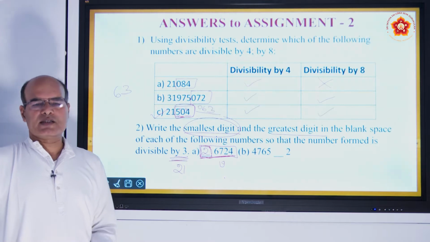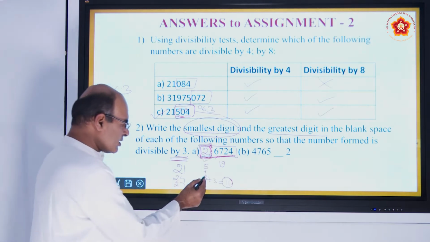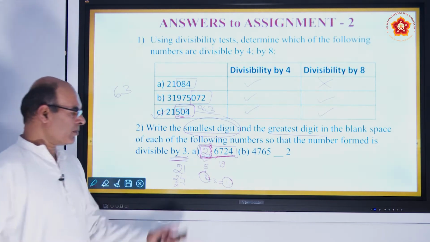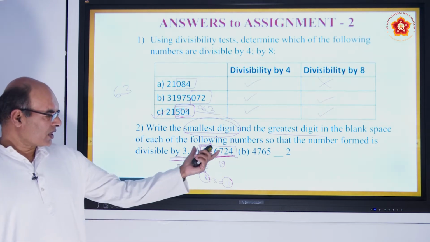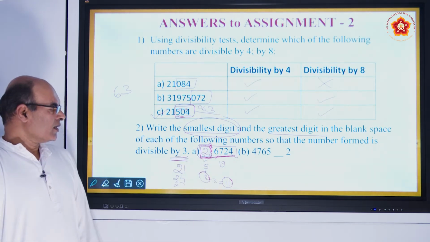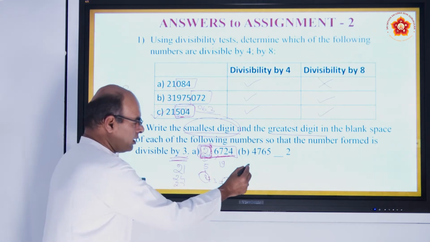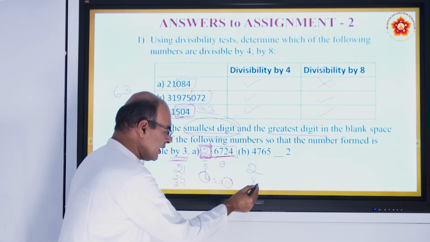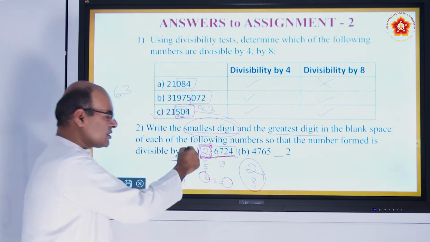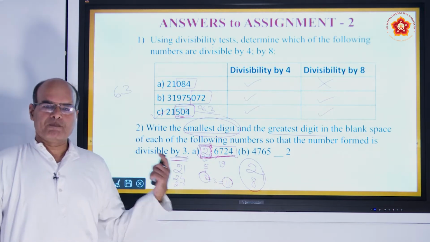Which is the greatest digit? The greatest digit that can be placed here is 8. So for this first number, the smallest digit is 2 and the greatest digit is 8, which can make this number divisible by 3.